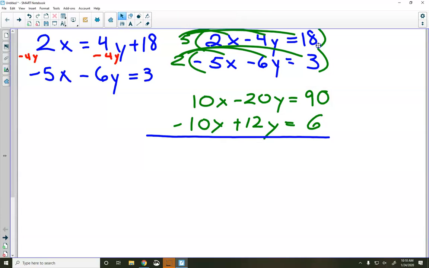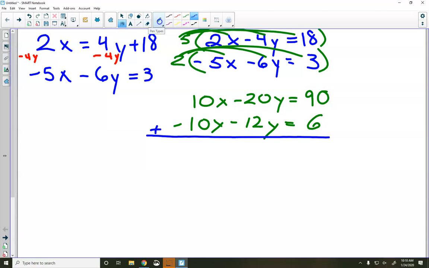Oh, it should be negative 12y. All right. I ran out of room. It's probably easier to do to the side of these over here, okay, than underneath. You don't want to make any mistake with your signs.